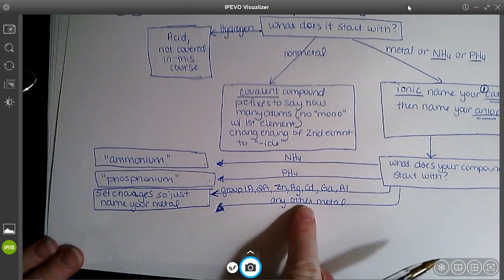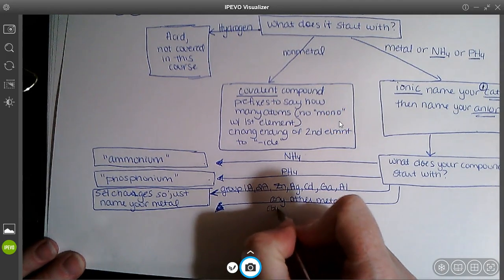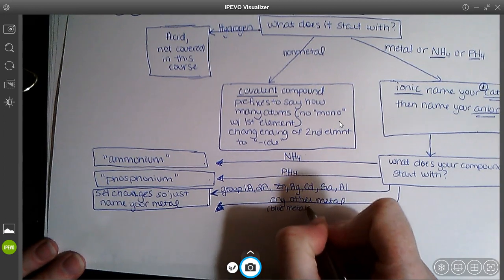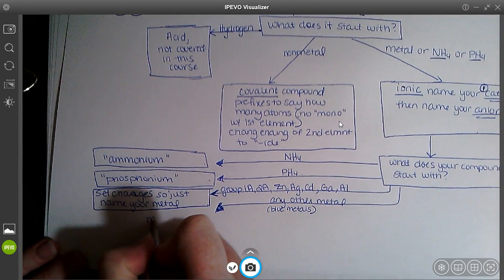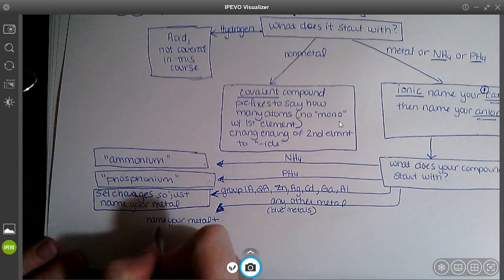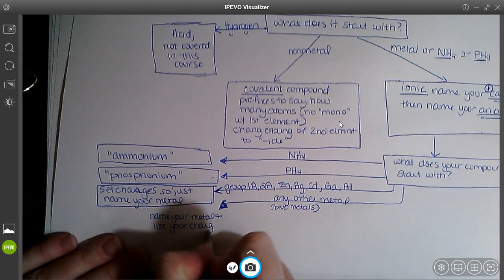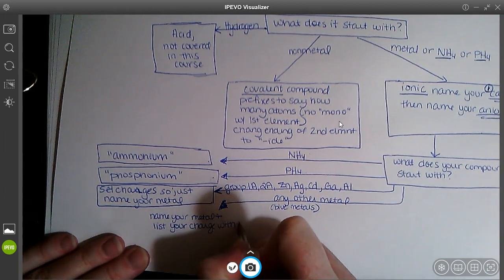Okay. So if it's any other metal, what I mean by any other metal is anything in this blue area here. So these are your transition metals except for these 3, and your p-block metals except for these 2. If it's any of these blue metals, then you have to follow this rule. So we can even write this in, blue metals. So what you're going to do is name your metal and list your charge with Roman numerals.